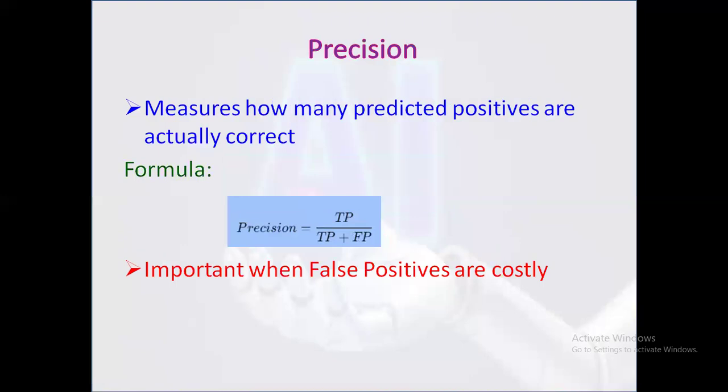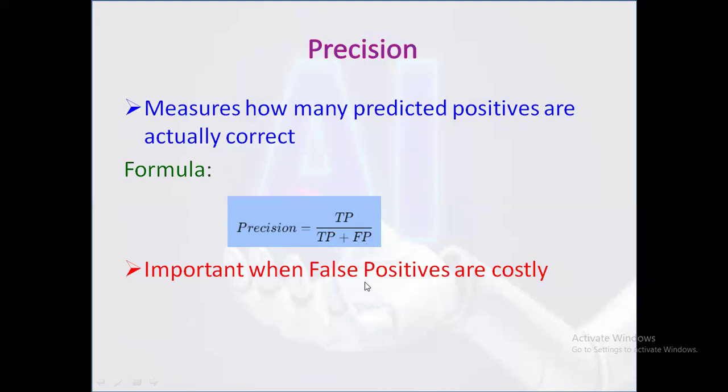The next metric in performance evaluation is precision. Precision measures how many of the predicted positive cases are actually correct. It is given by the formula true positive divided by true positive plus false positive. It focuses on the reliability of positive predictions.